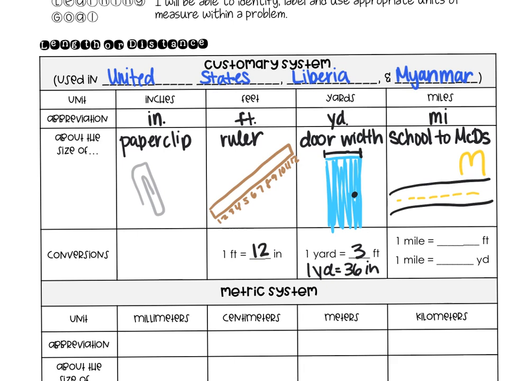This is where it gets complicated to remember versus the metric system. A mile is 5,280 feet. If I wanted that in yards, I could divide my feet by 3, since there are 3 feet in a yard, which would give me 1,760 yards.